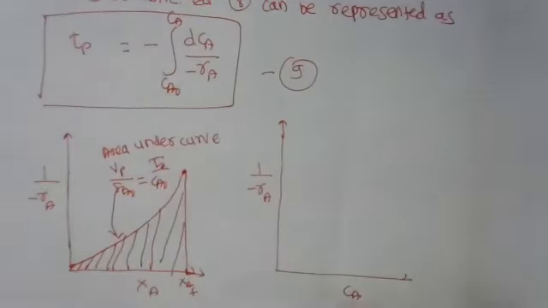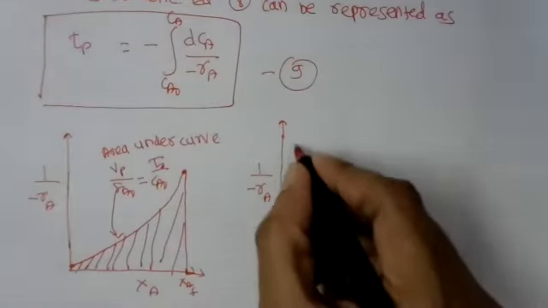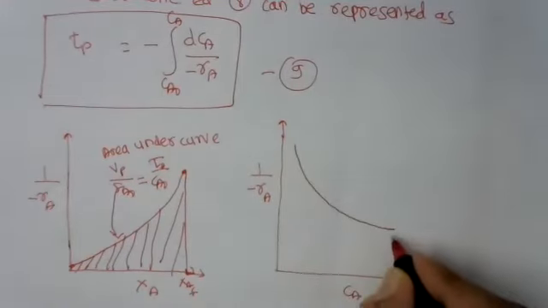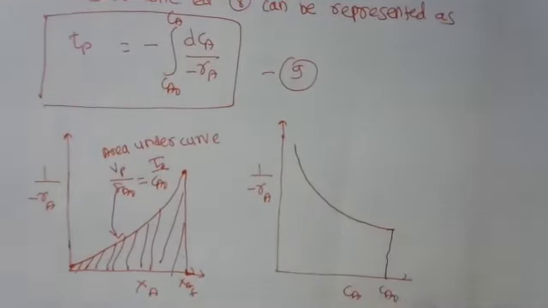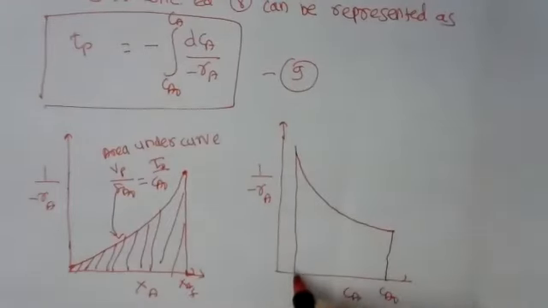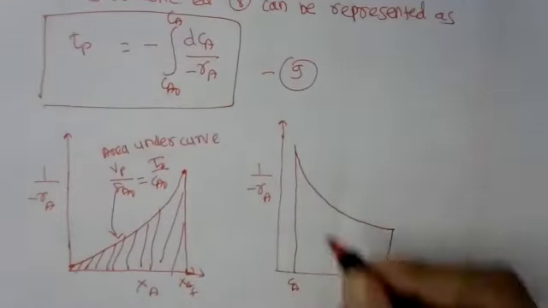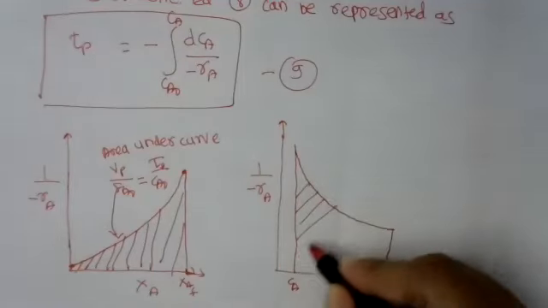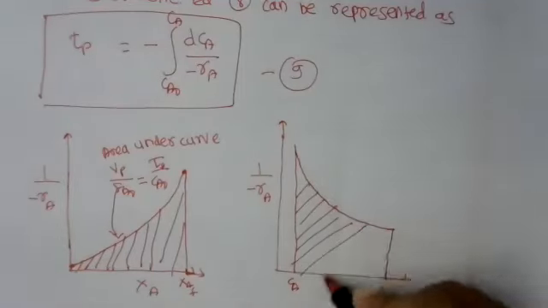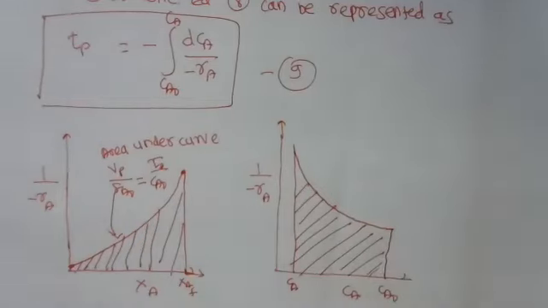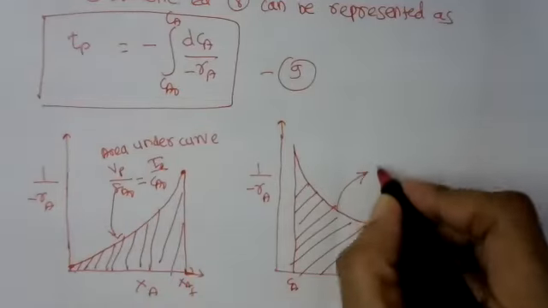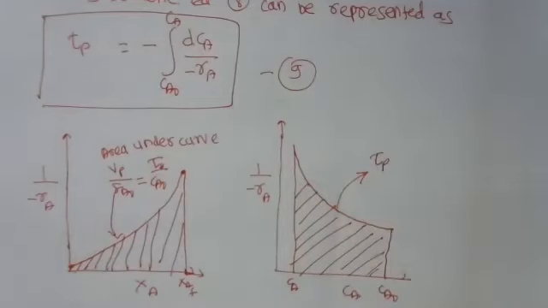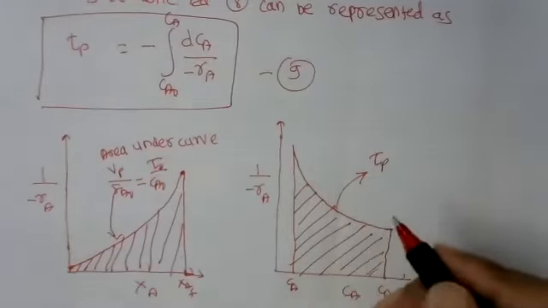Suppose if you draw the same graph for the data of rate versus concentration, then the graph will be like this. Say this is CA0 and say this is the final concentration CA, and in this case the area under curve will be equal to tau p.